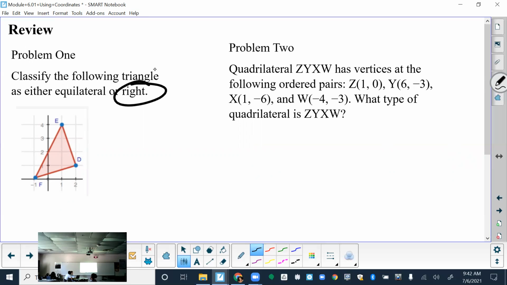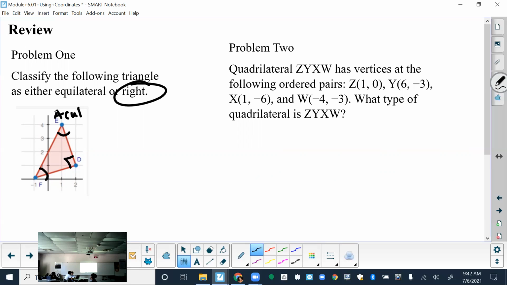So we just need to prove now that it's a right triangle. Does this angle right here look like it would be 90 degrees? No. What about this one down here? No. So it's probably this one that looks more square, right? What do you call it when the angles are less than 90 degrees?